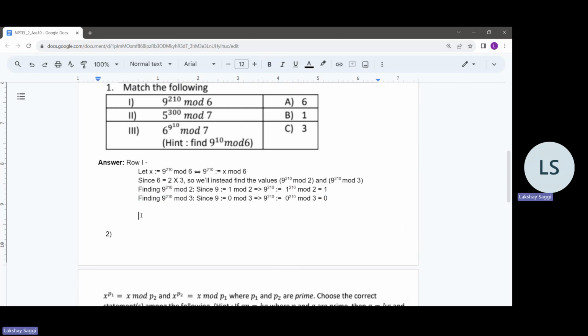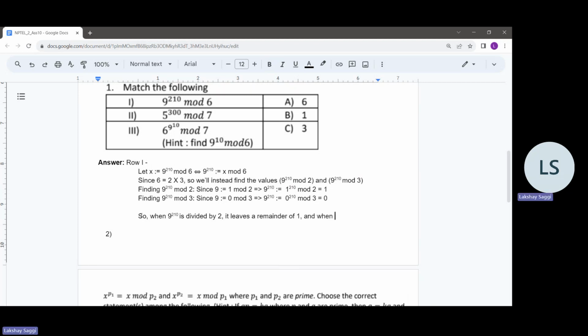So what we essentially have is that when 9 raised to the power 210 is divided by 2, it leaves a remainder of 1.